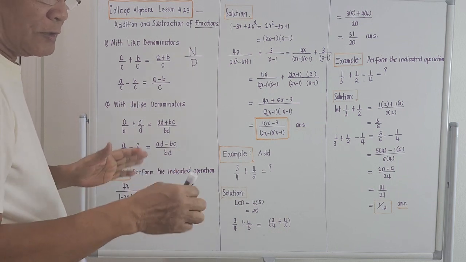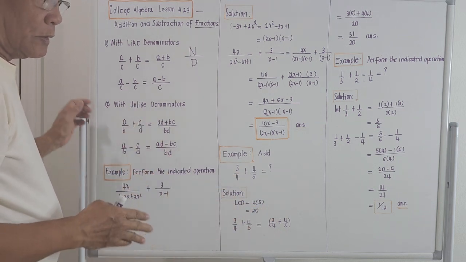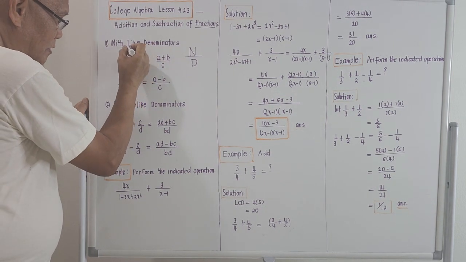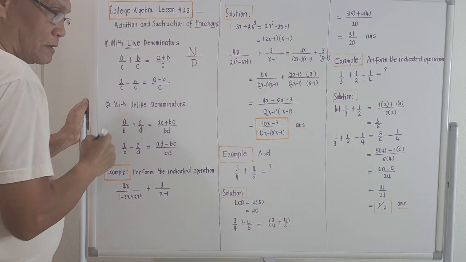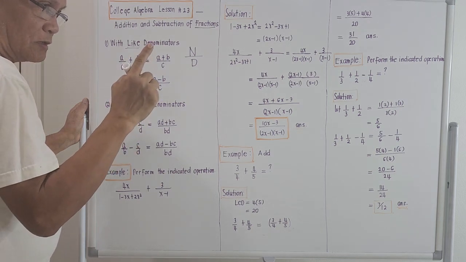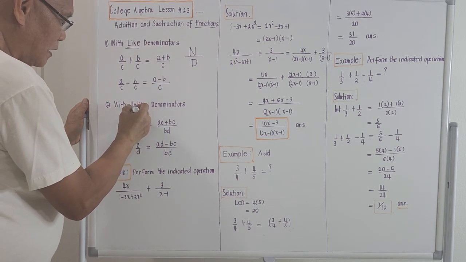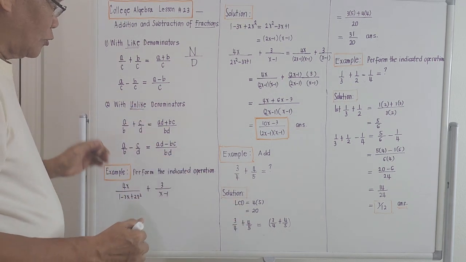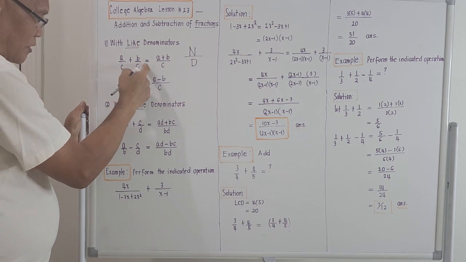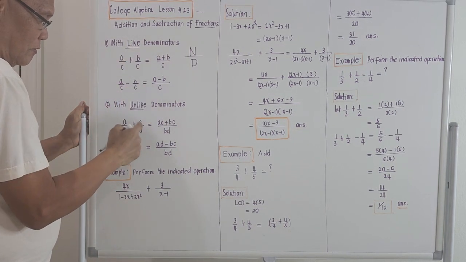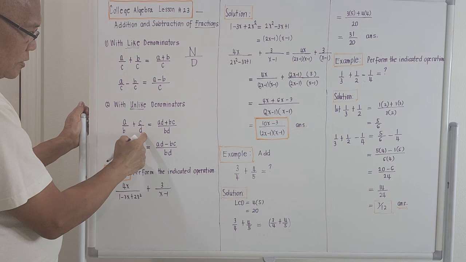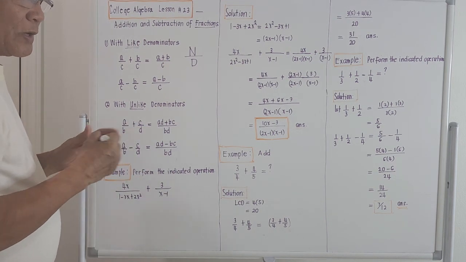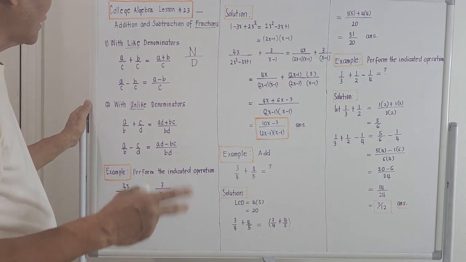The so-called addition and subtraction could either be that the denominators are alike, or the denominators are unlike, or just simply dissimilar. Okay, let's try to bring out the forms of the so-called like denominators.